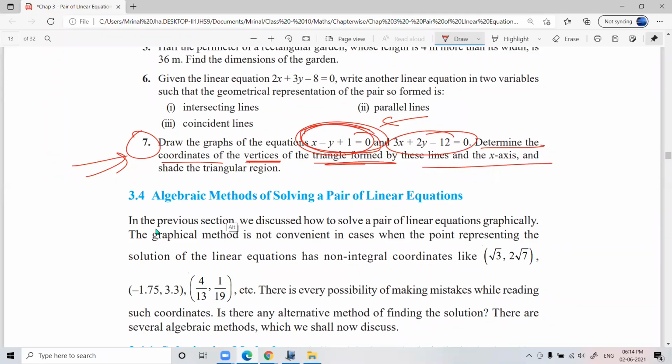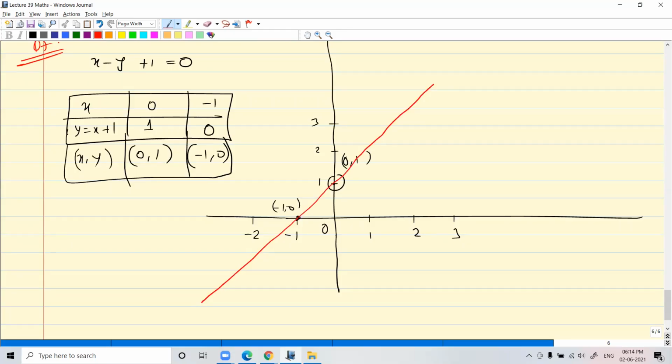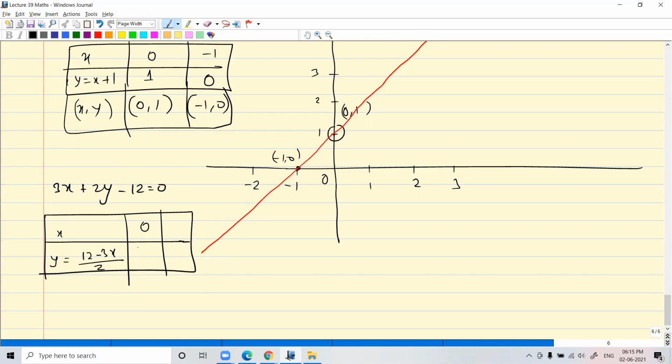Then what was the other equation? 3x plus 2y minus 12, right? So when you put x equal to 0, you get 2y equal to 12, so y is 6, and when you put x equal to 4, you get y is equal to 0.